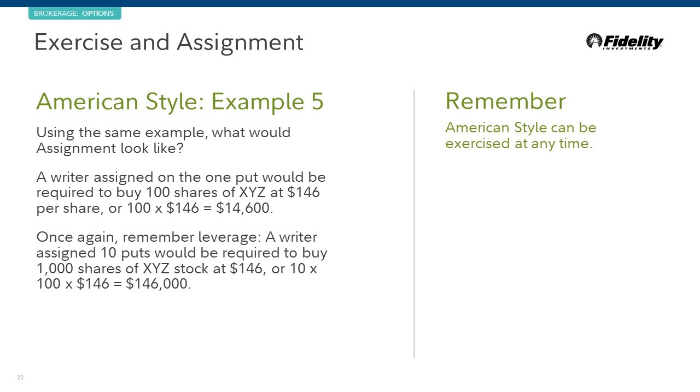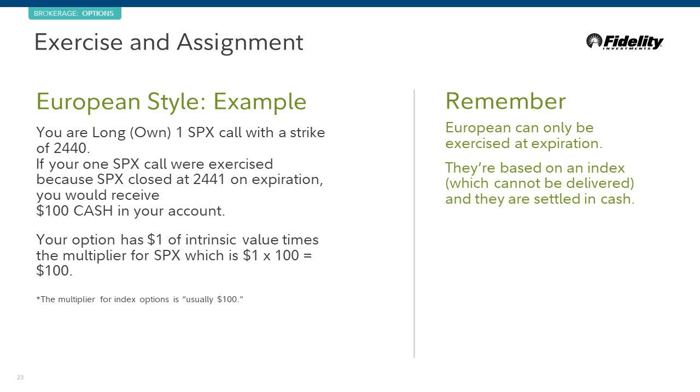Now we've got one extra little example here. As I mentioned, I really wanted to cover this, and that is the European style. In this case, we're using an index. We can't exercise early. We won't be assigned early.